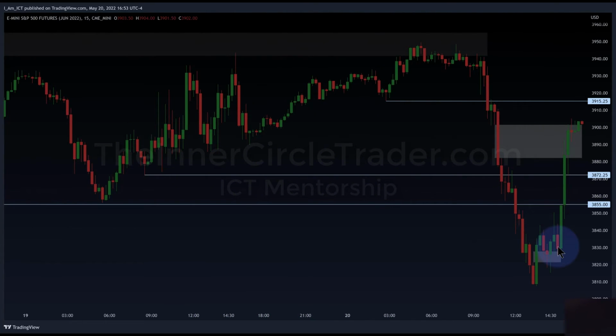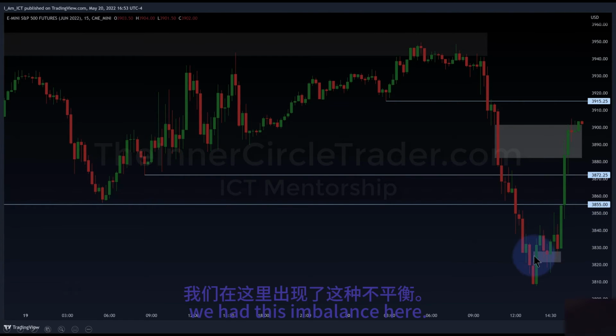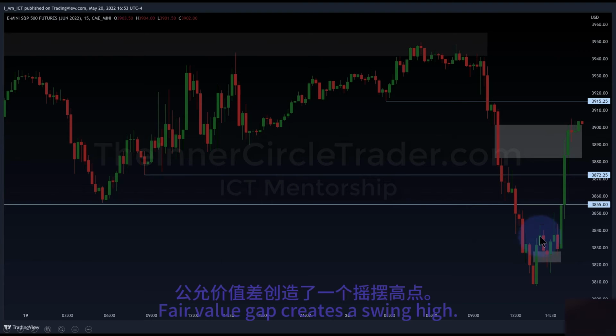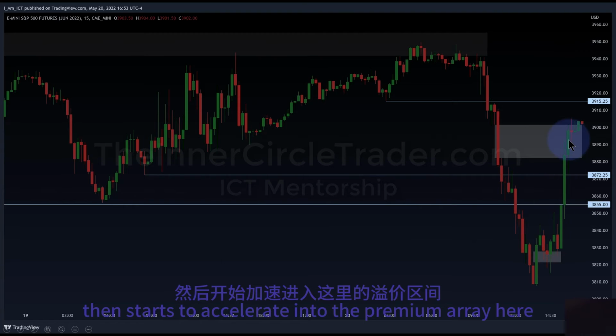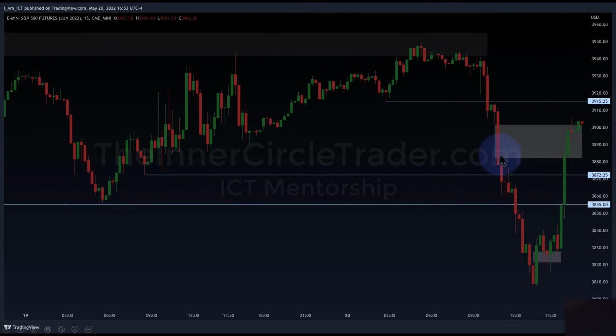But anyway, the point is we had this imbalance here. Fair value gap creates a swing high. It trades back down in there. Then it starts to accelerate into the premium array here that is above equilibrium. So the high down to the low, 50%. We're above that. Here's a premium array.